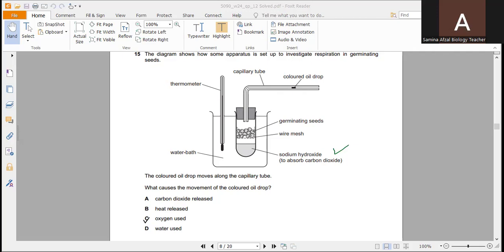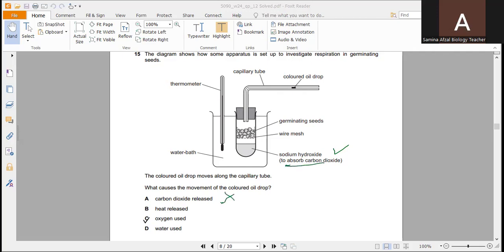And then what causes the movement of the colored oil drop? The process of respiration will take place. The carbon dioxide which is produced will be absorbed by the sodium hydroxide, so carbon dioxide released will not help.